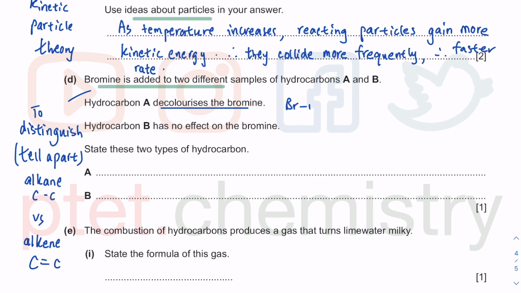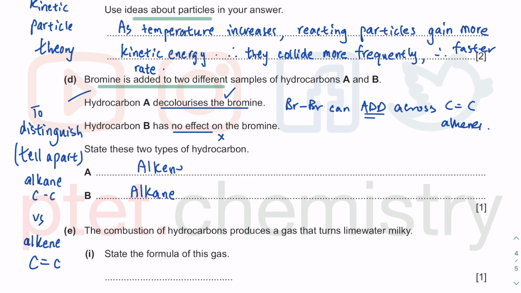That means the Br can add, you can do addition across carbon-carbon double bond of alkenes. So this one has positive effect, this one has no effect. No effect will be alkane, and an effect will be alkene with the carbon-carbon double bond there.